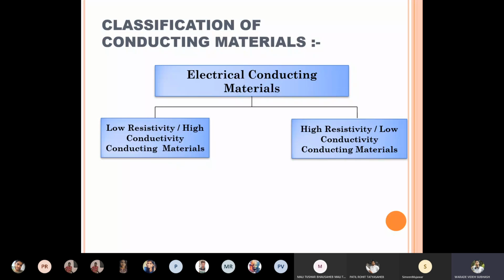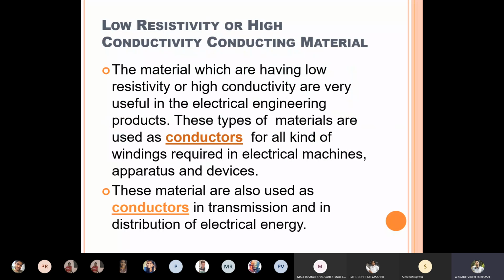So what are low resistivity or high conductivity conducting materials? Materials which have low resistivity or high conductivity are very useful in electrical engineering products. This type of material is used as conductor for all kinds of windings required in electrical machines. As we have seen, windings are in fans and such electrical gadgets, and in those windings copper is the best material used.